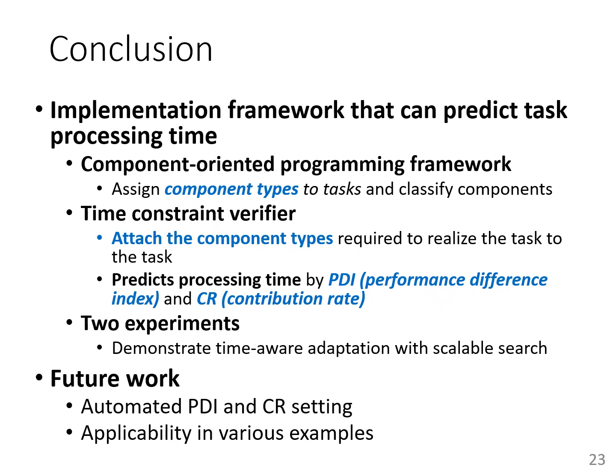This allows the system to select appropriate component replacements and verify their effects on processing time in advance. The results of two experiments demonstrated that our framework enables time-aware adaptation with scalable search time and successful behavior modification.